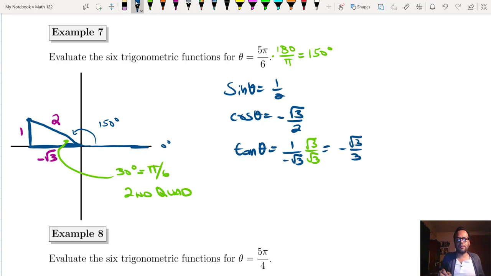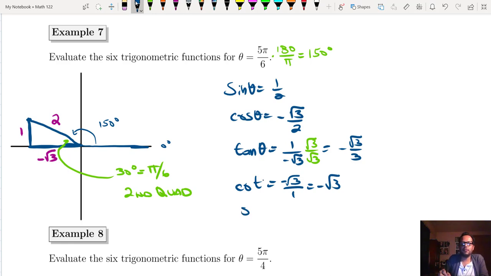Now what about the other ones? Cotangent, which is adjacent over opposite, which is the reciprocal of tangent, right? Negative root of 3 over 1, which is just negative root of 3.